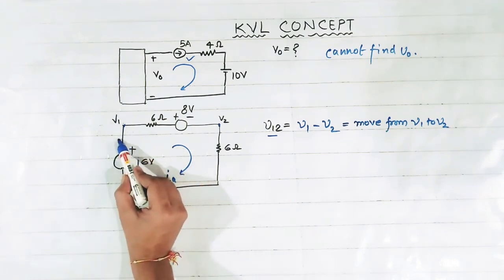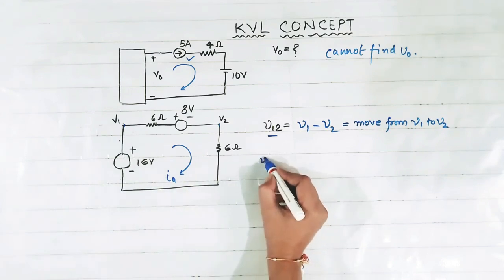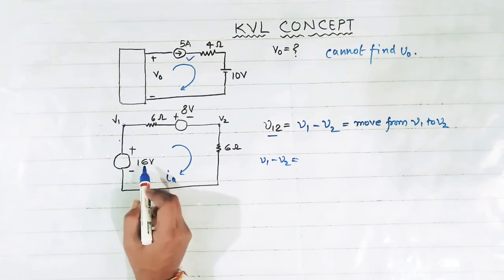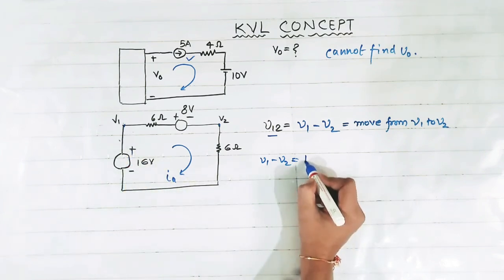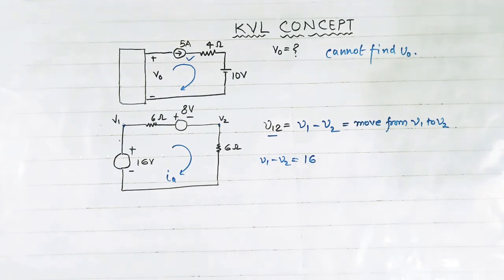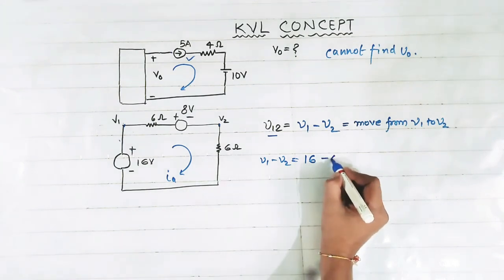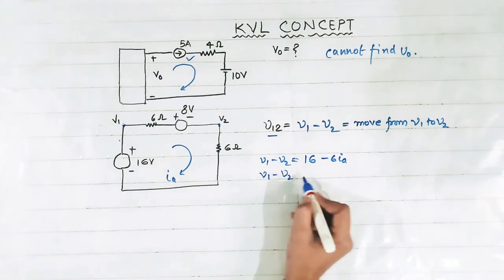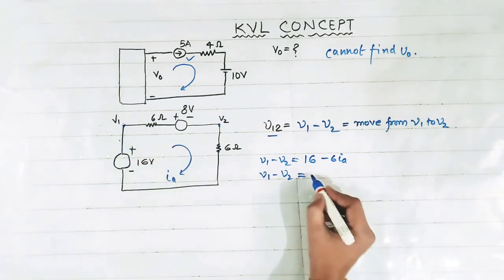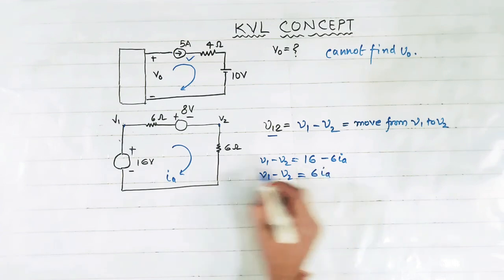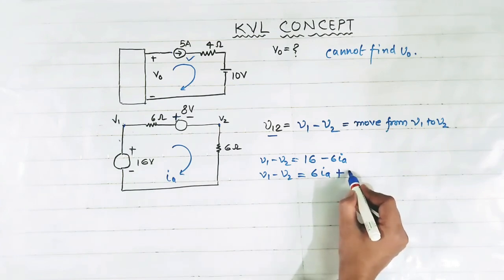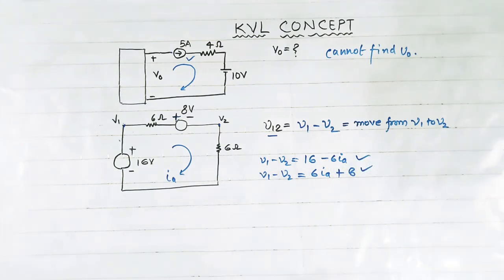If we apply KVL through this path, then V1 minus V2 is equal to, first this 16 volt is encountered and this is the positive terminal, so we write 16 minus 6 IA. And the second method is V1 minus V2 is also equal to 6 IA plus, this positive terminal is encountered, so plus 8. So both of these methods are correct.